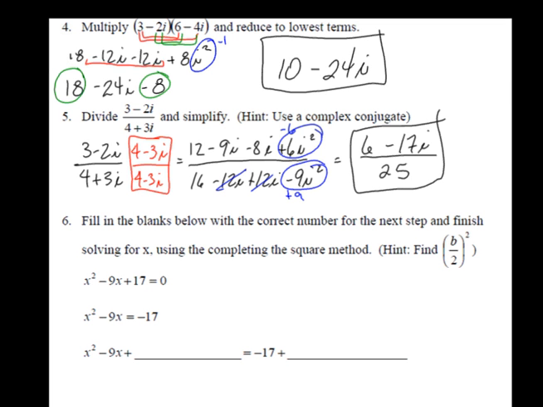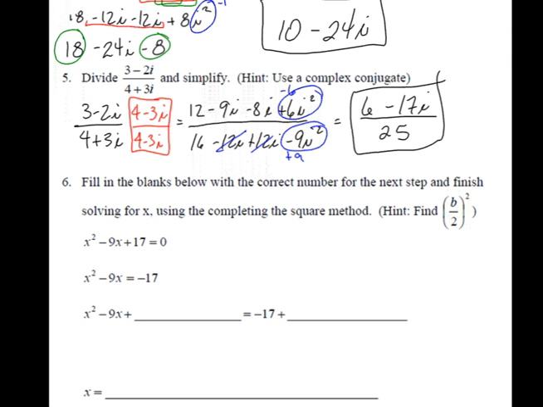For number 6, we're supposed to solve by completing the square. Well, the first step is already done for you. I need to figure out what goes into my blanks here. I have to take my b, so I'm going to take 9 and put it over 2 and square it.